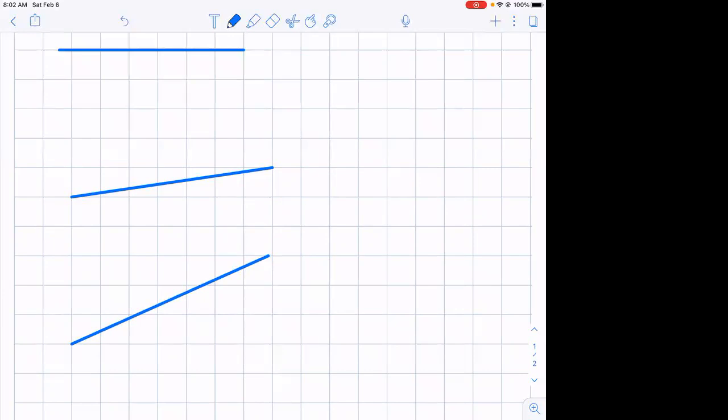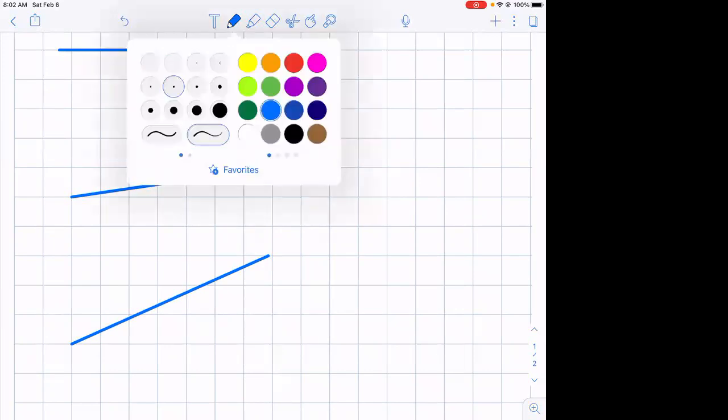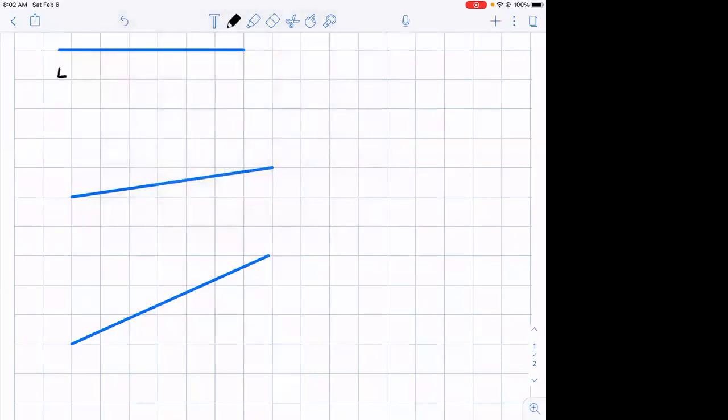So we want to find a way to identify what is the number that measures your steepness. Now, when we look at a line, we'll be looking at the line as we travel from the left side of the line to the right side. Here's the left side of the line, here's the right side of the line.